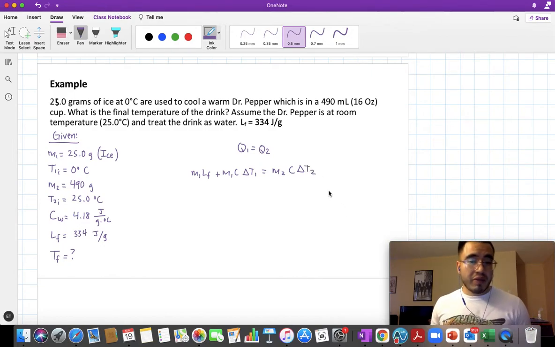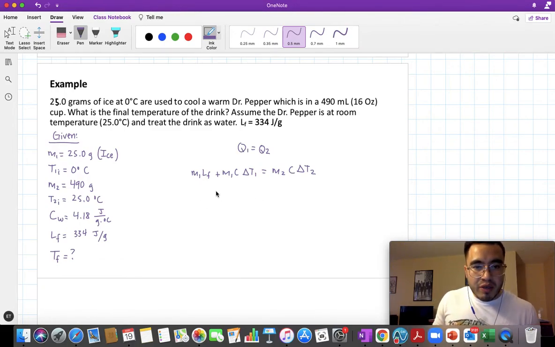Okay, before we continue, we have to make a statement over here. We know that the temperature final of the drink will be greater than the temperature 1 initial, right? Because it's 0, so it's going to be greater. Of course, the 25 grams of ice at 0 will not make the 490 grams of Dr. Pepper to be at 0 degrees.